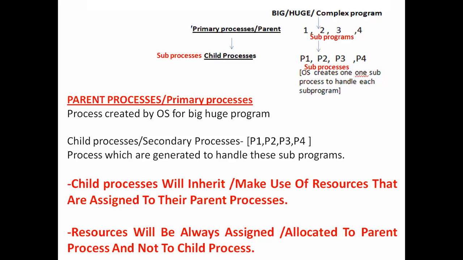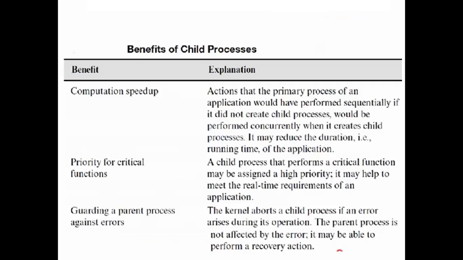And the second advantage you can quote here is the priority for the critical functions. This means that a child process that performs a critical function may be assigned a higher priority. This will help to meet the real-time requirements of an application. The basic concept is that the OS can assign different priorities for critical functions.